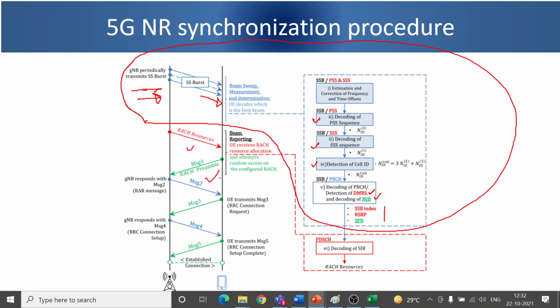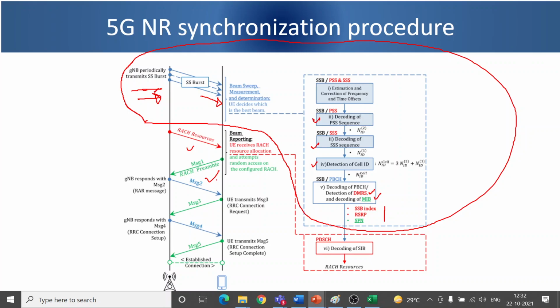So there is a possibility that when one UE is doing this preamble transmission, another UE may also be sending the same random number, so there is a chance of collision. But there's no way you can avoid that, because you don't have much information about the system at this stage. That's why we call it random access.